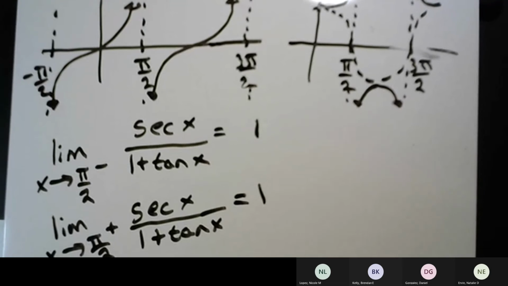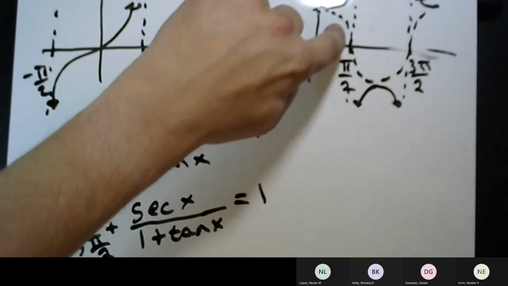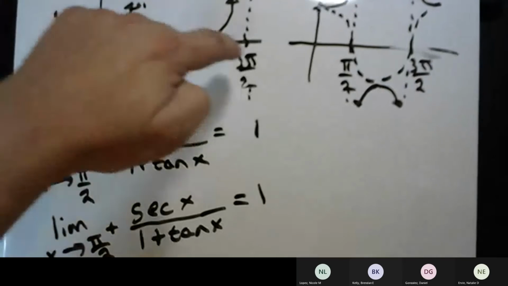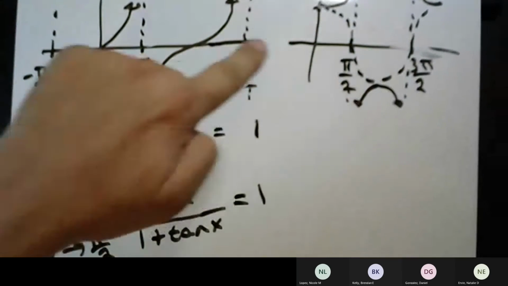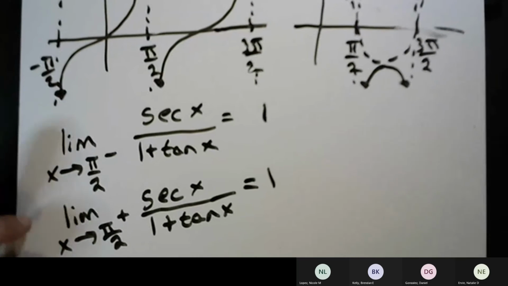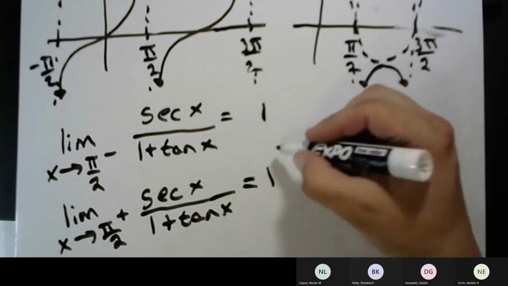So even though you might sort of look at it, because approaching from the left in both of these functions gives you a positive infinity, approaching from the right gives you a negative infinity, it looks like the limits aren't going to match. When we actually apply L'Hopital's rule to the one-sided limits, we actually get the same number.